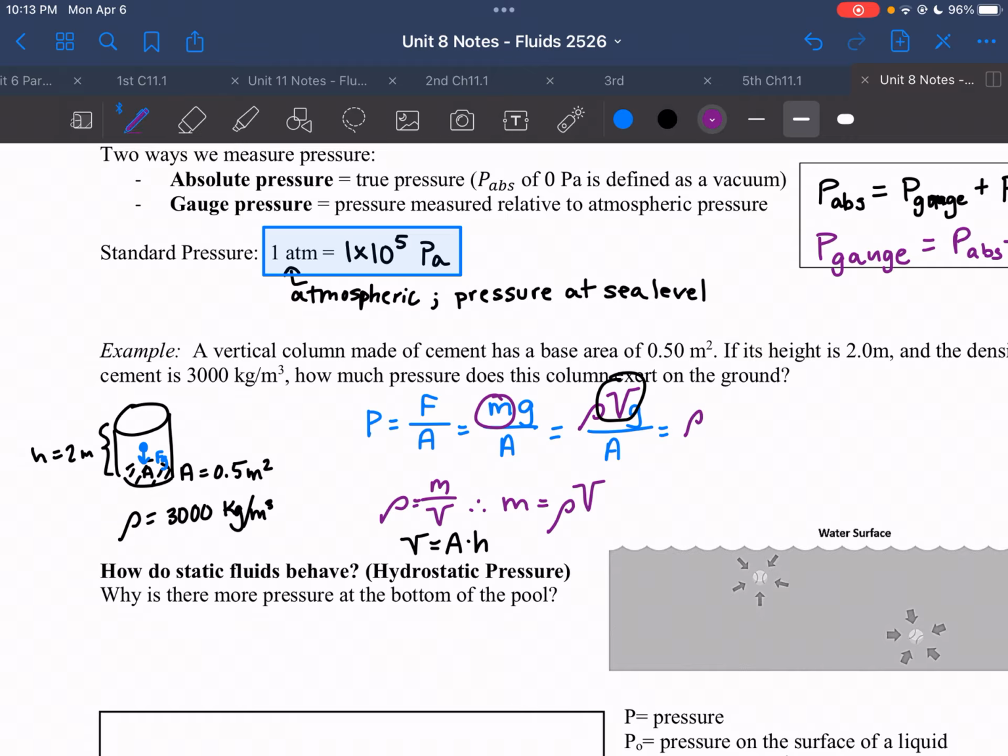So now we have rho times A times h times g divided by A. Now the next thing is my area is going to cancel out. So really I have that the pressure at this location is rho times h times g.